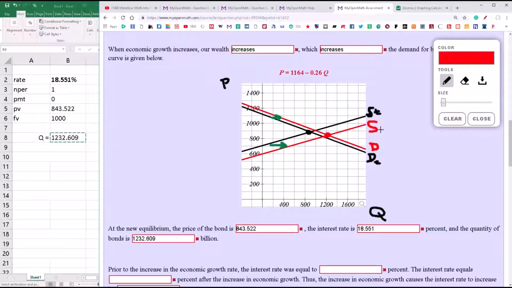So T plus 1 and T plus 1. Okay. And then you can see that on net, the price fell. So the price fell and the interest rate rose.